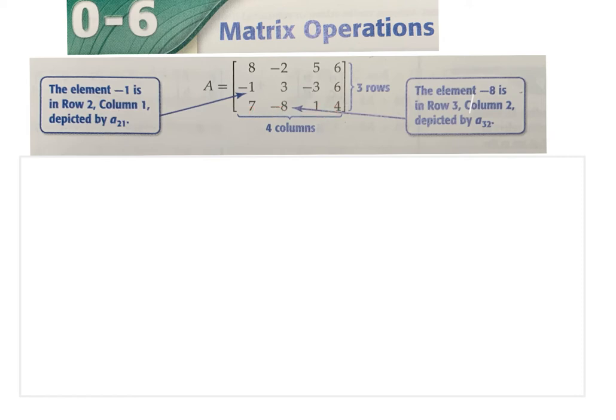The element is depicted by what row and what column it is in. So you have this element here, this -1. That is in row 2, column 1.